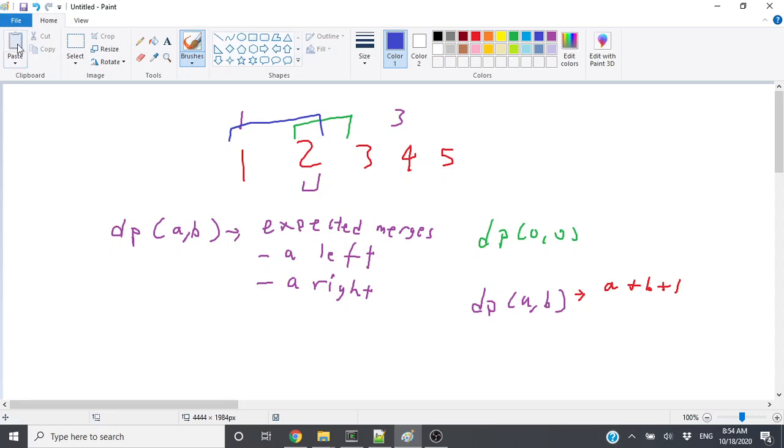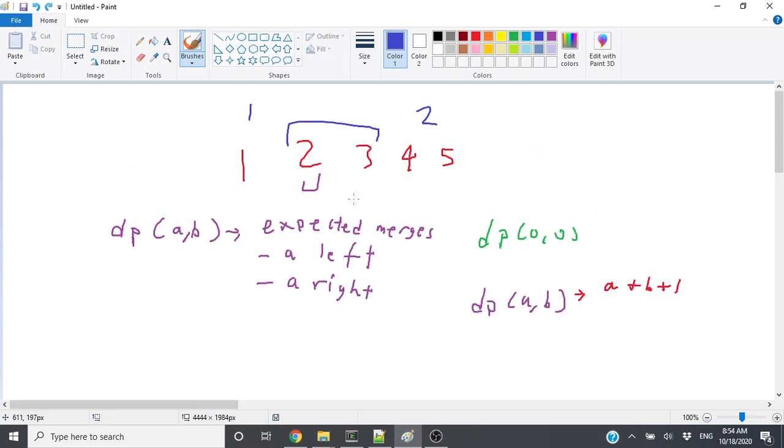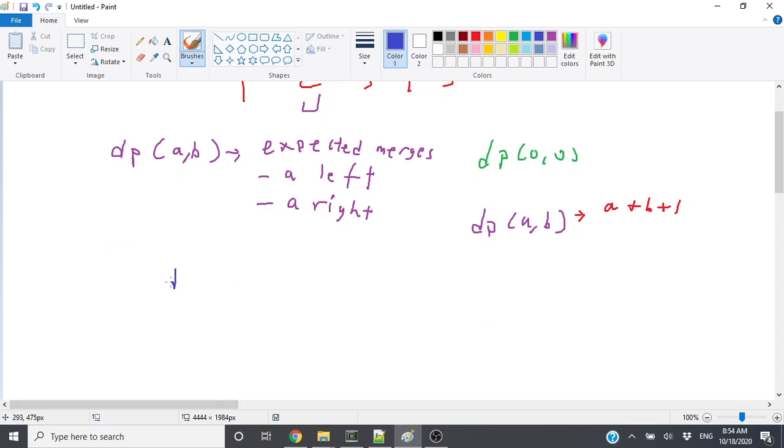Or maybe we don't even need to do that. What we can instead do is not go backwards, and just say that, say we're here. Then either we merge this or we merge this. And then we're interested in the expected number of moves where we have 0 on the left and 3 on the right, or, say we merge this, then we have 1 on the left and 2 on the right. Or we merge something else, in which case we have, yeah.